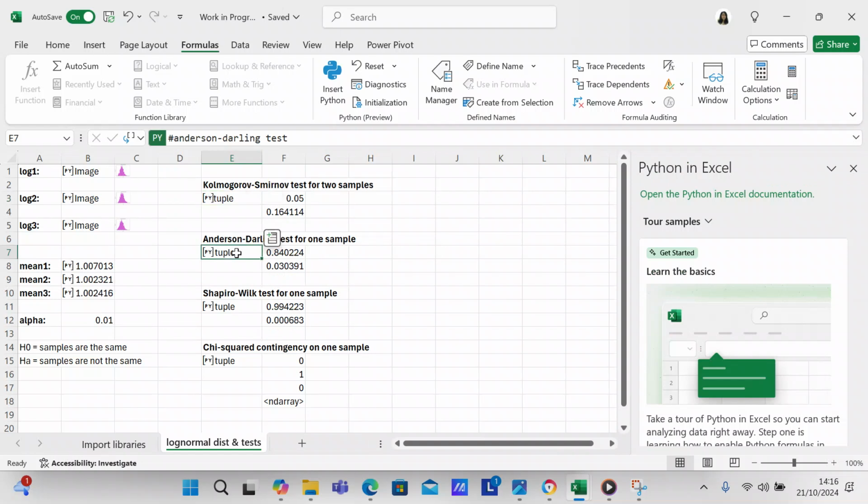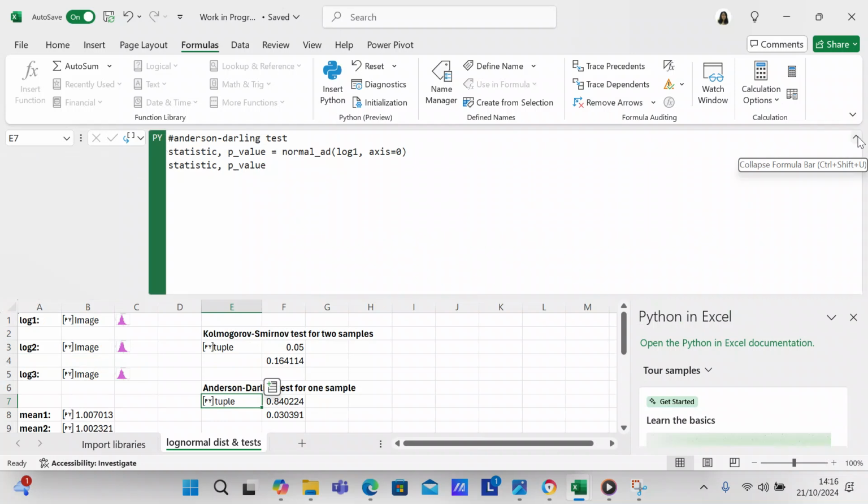So the Anderson-Darling test, we're doing it for 1 sample. Statistic p-value equals normal AD log 1 axis equals 0. So you can see that it's giving you a hint that it's checking against a normal distribution because it says normal AD.